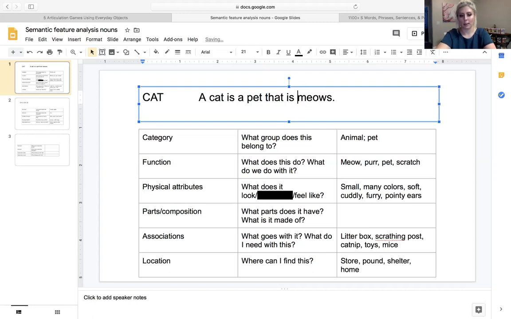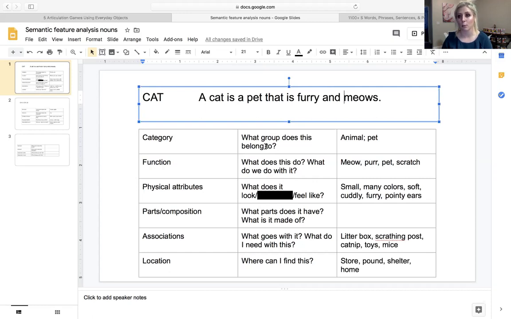So I'll show you an example. A cat is a pet that is furry and meows. Perfect. I can't think of any other pet that would meow. But that is a completely fine description of a cat. Great definition.